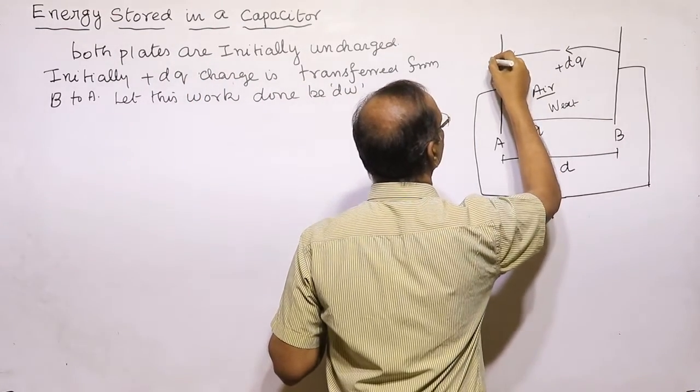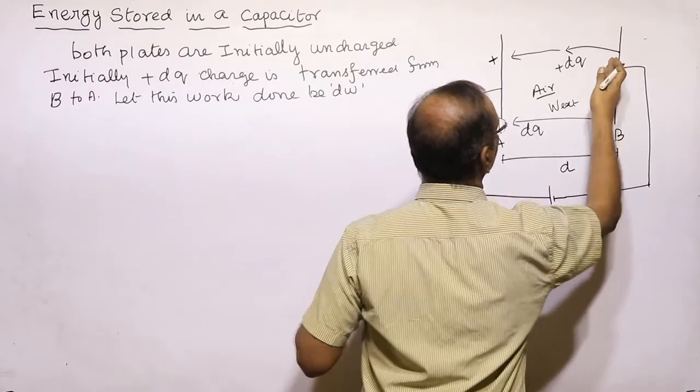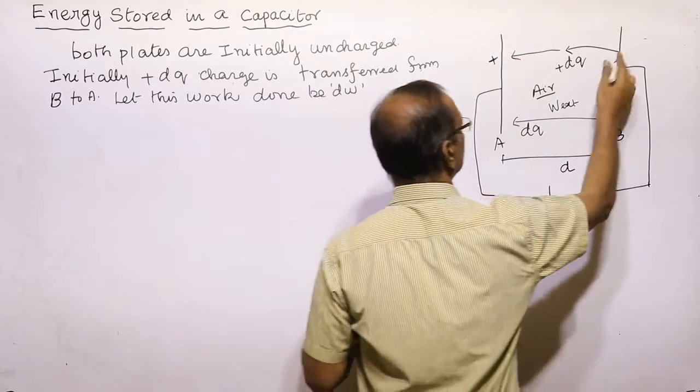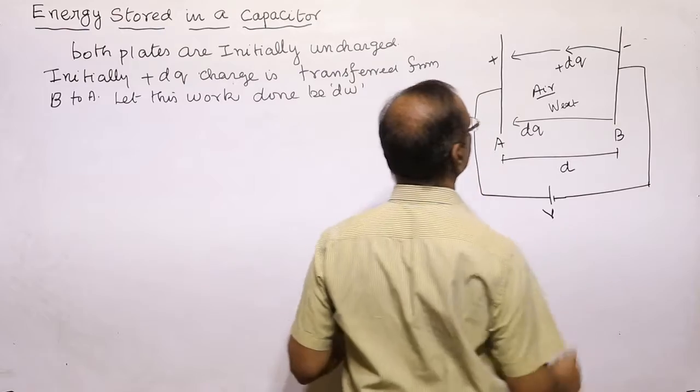The battery pumps the charge from here to here, dq. This plate slowly becomes positive. Since the other plate is losing positive charge, it becomes more and more negative.